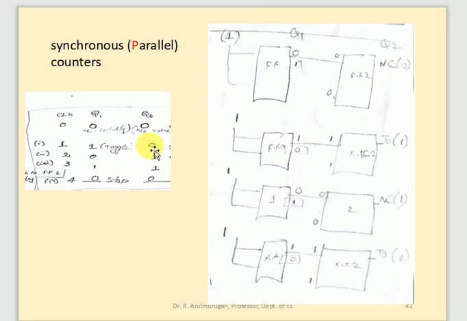Then this 1 comes in as 1, 1 input; the output is toggle, so 0 is replaced by 1. The next is 0, 0, meaning no change, so the 1 is repeated. Then 1, 1 input means toggle, so 1 is replaced by 0. So it is 0, 1, 1, 0, written here.